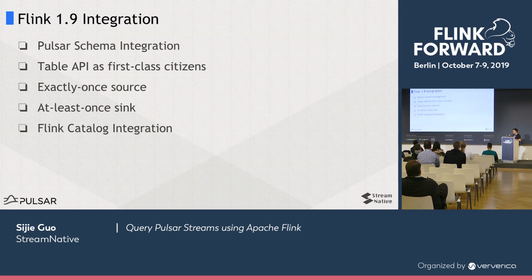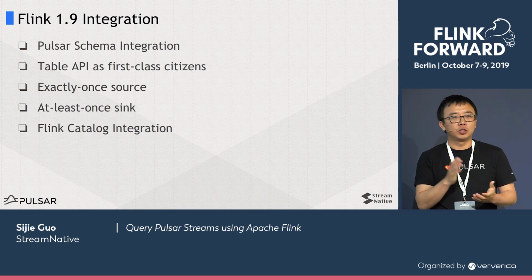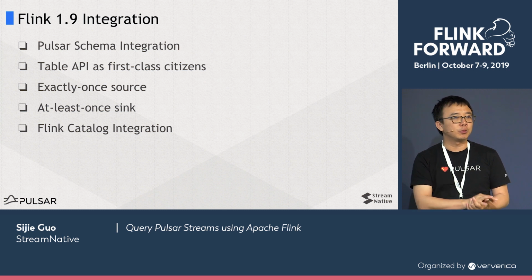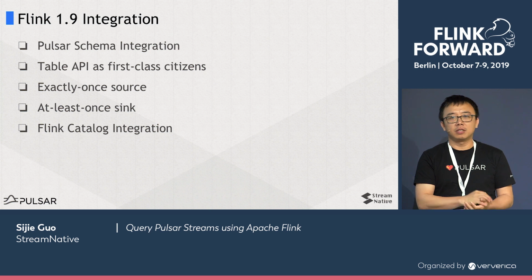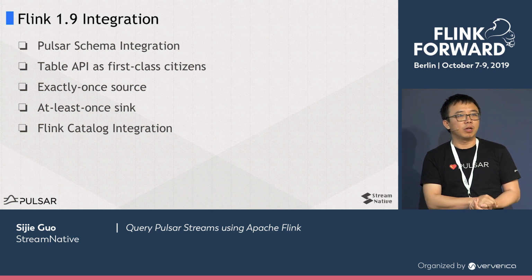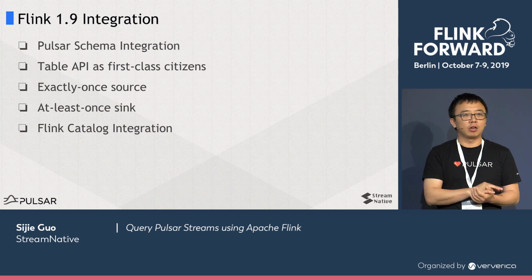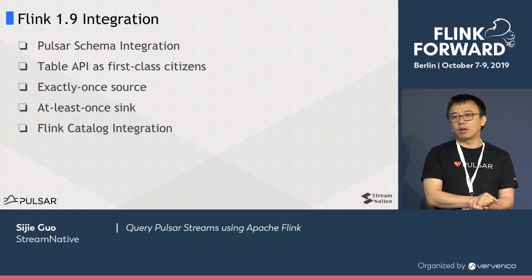So we rethought what the right integration between Pulsar and Flink should be. In the new 1.9 release, Alibaba contributed back a lot of enhancements, like a type system, the table API, and a lot of good things from Blink.